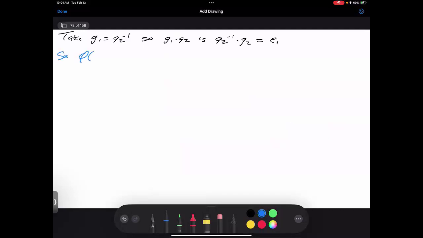So if we look at phi of G2 inverse G2, that's phi of G2 inverse multiplied by phi of G2. And again, just showing every single step. The left-hand side is just going to be phi of E1. The right-hand side is phi of G2 inverse times phi of G2.